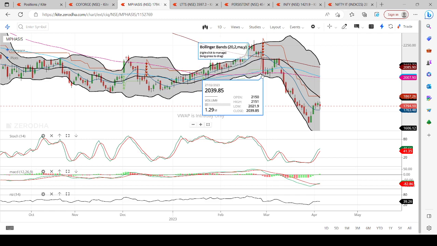It fell down from 2151, all the way down to 1600. It will reach at least that level. 2151 is the level which I am looking for, provided during the annual results they give clarity about their exposure to SVB.